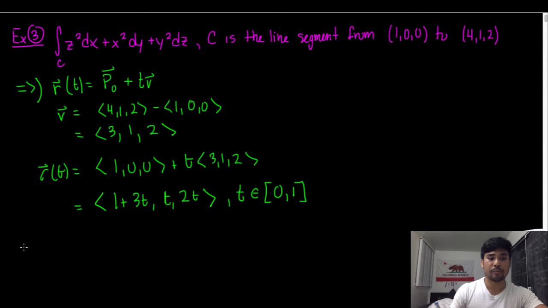Looks like we're ready to compute our line integral. Okay. We'll take an integral from 0 to 1 of z squared dx.